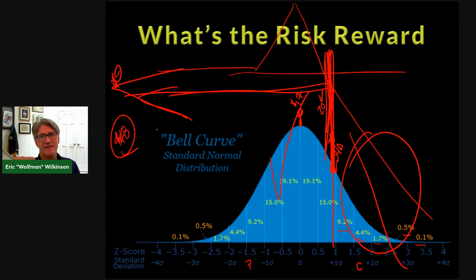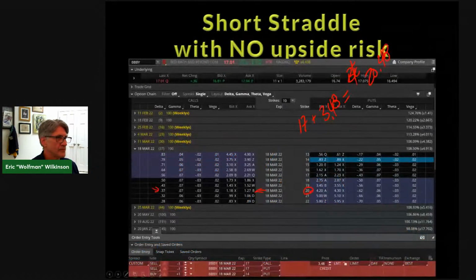The 3.48 minus the 3, okay? All right. So we want to try and eliminate all our risk to the downside, and try and nail our point of control and where our short strikes are coming to fruition.